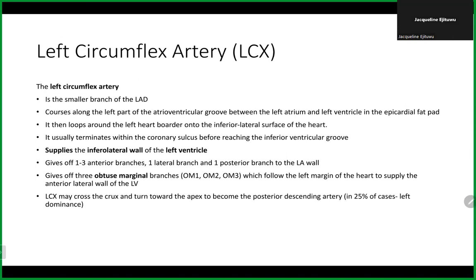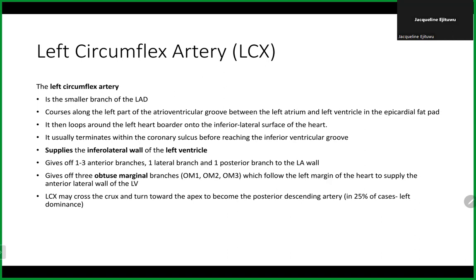It then loops around the left heart border onto the inferolateral surface of the heart. It usually terminates within the coronary sulcus before reaching the interventricular groove in a significant percentage of individuals. It supplies the inferolateral wall of the left ventricle.